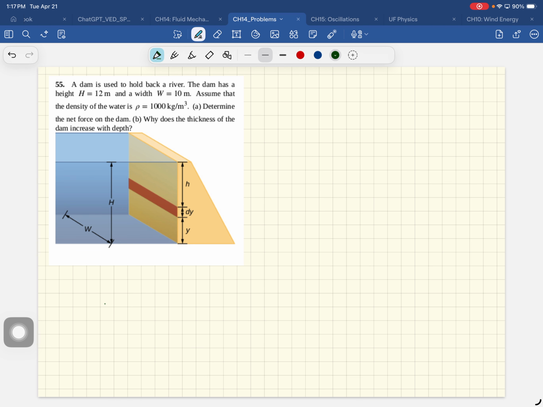So the force is the integral from 0 to h of rho g h dy.